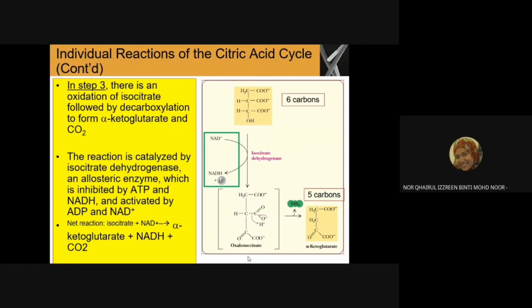Remember that oxalosuccinate is a high energy intermediate, because this structure is very unstable. That is the first reaction in this step. The second reaction is the decarboxylation reaction.